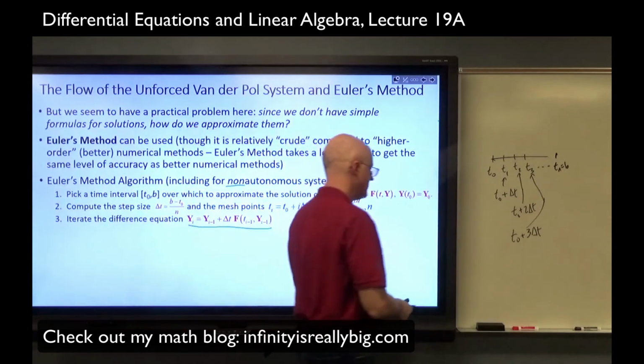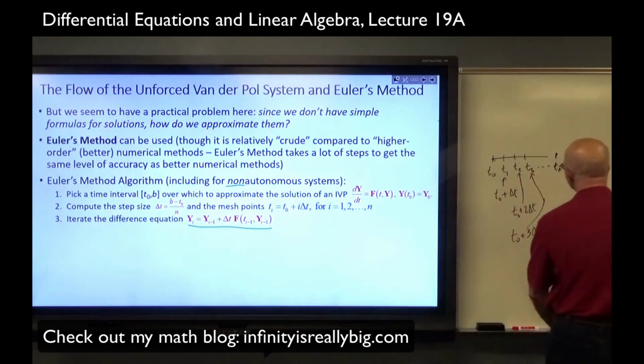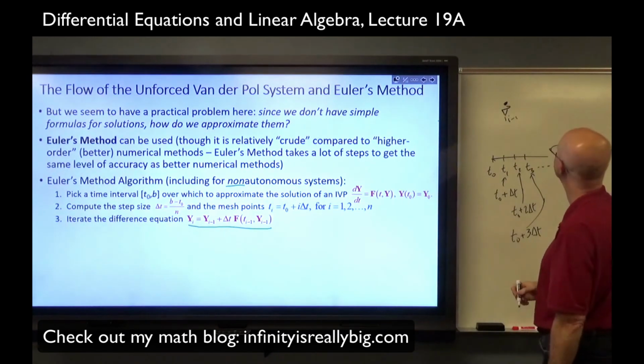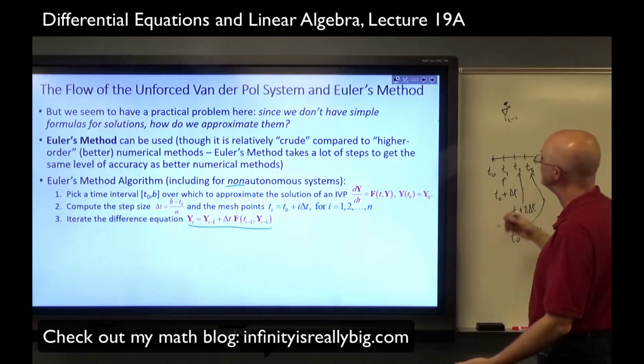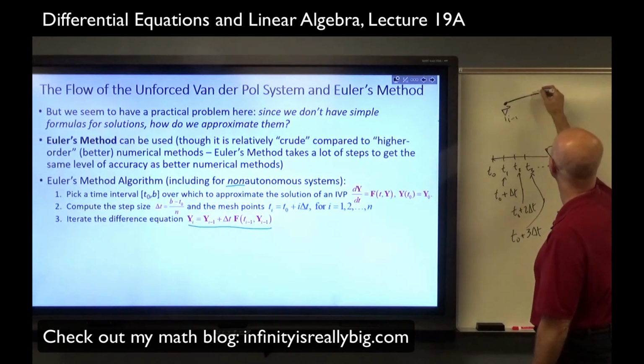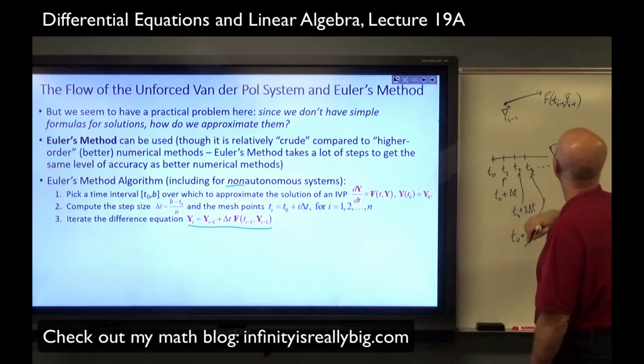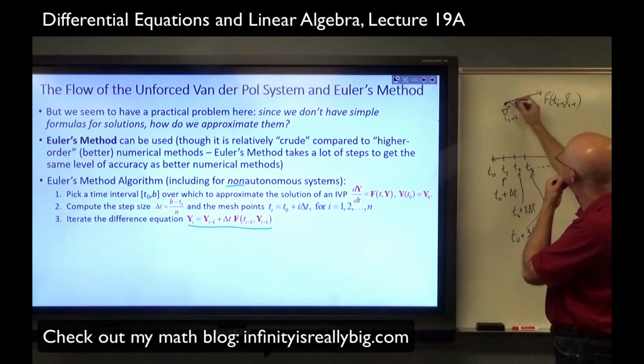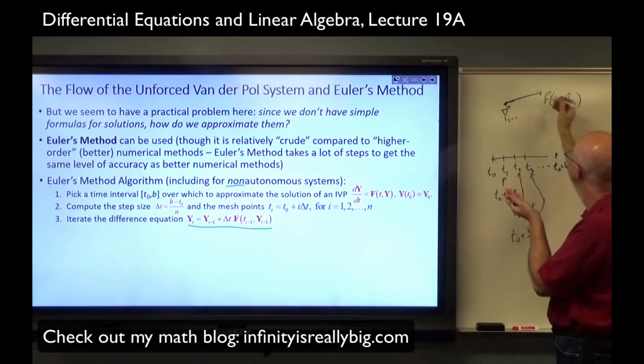And this is pretty intuitive as well. Think about it carefully. If yi minus 1 is that point right there, and if at the given time, ti minus 1, the vector field looks like this, if this vector is f of ti minus 1, yi minus 1, could be a long vector, delta t could be small, but to find yi, you essentially move along that vector, a scalar multiple of the vector.